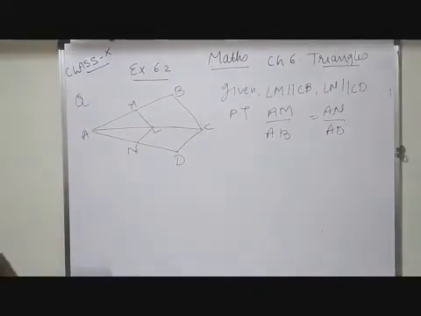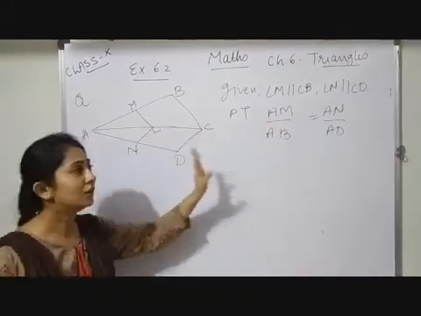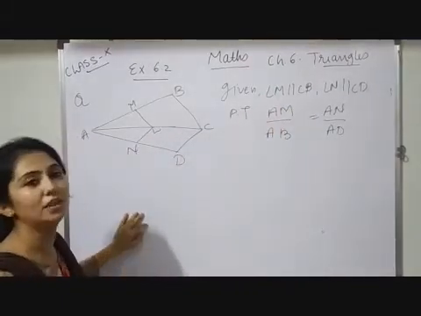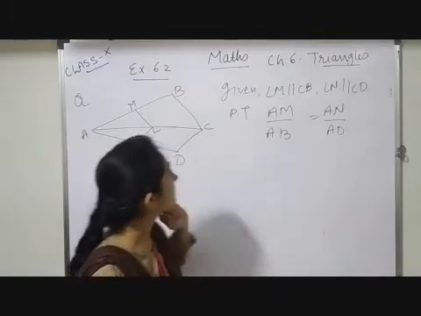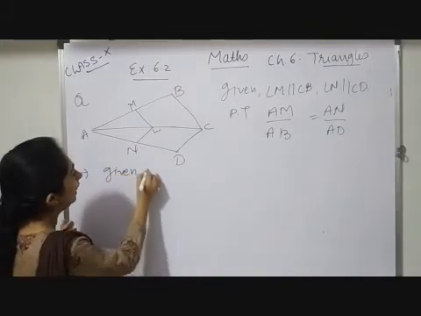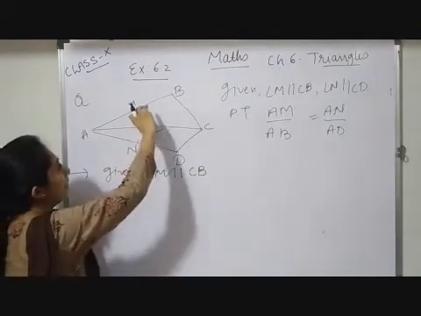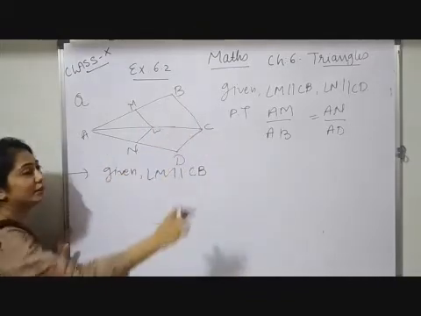Now, observe what is given: LN parallel to CB. Whatever is given to us, we obviously have to use to prove the given statement.